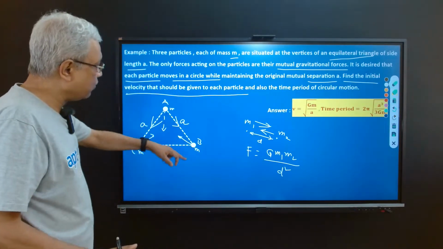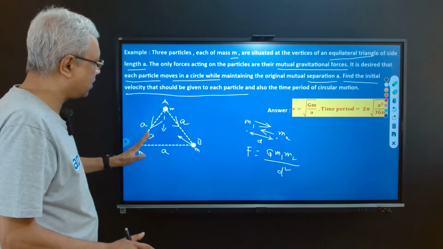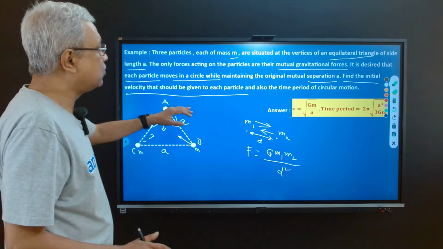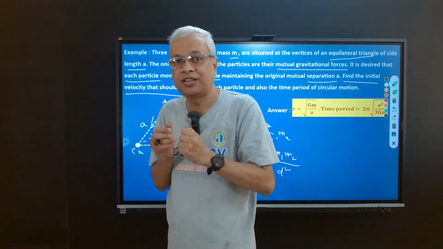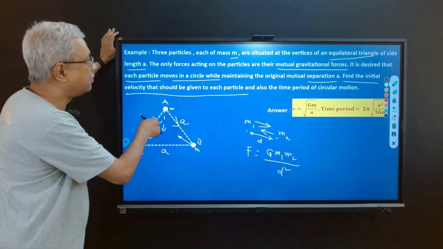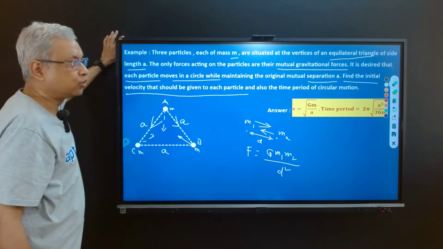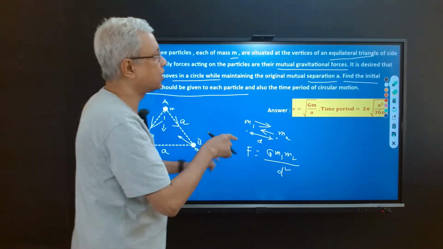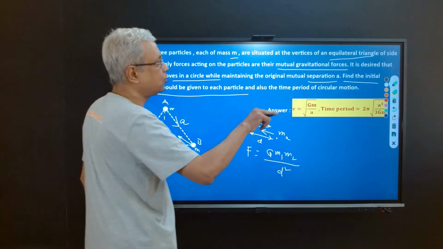Then, to begin a circular motion, how much velocity should be given to each particle? And if it executes a circular motion, what is the time period? Time period means the time in which one revolution is completed.